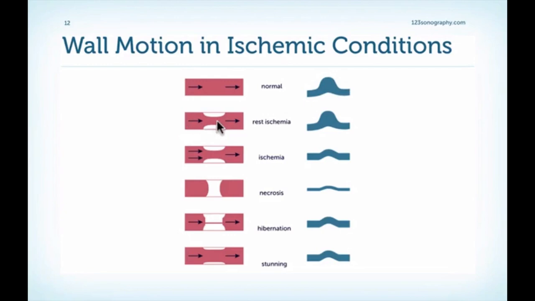If there's a stenosis, however, perfusion is adequate, we also have normal contractility. If there is a stenosis and during exercise perfusion is not adequate, the patient develops hypokinesis, for example, during stress echocardiography. The wall thickness, however, is still normal.